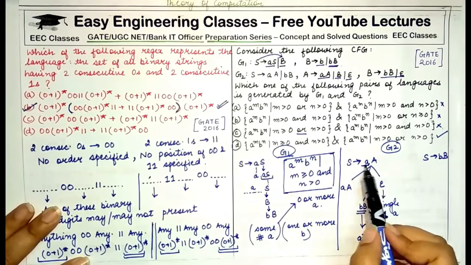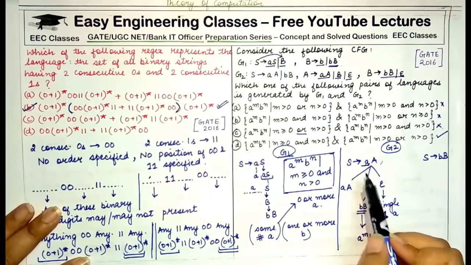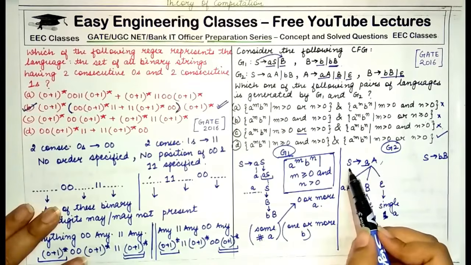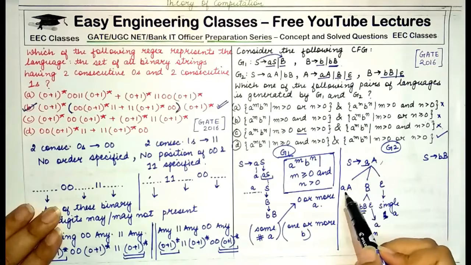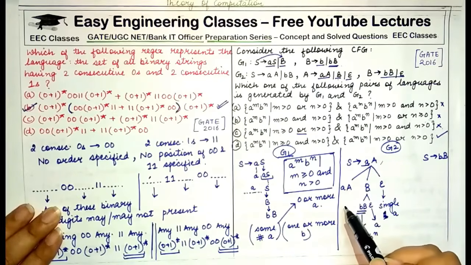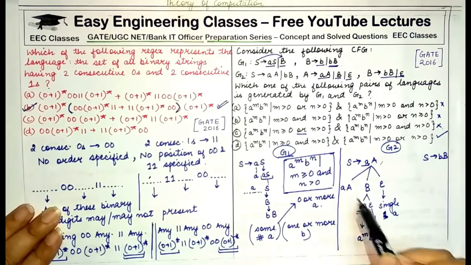You can always generate the string by using the production S goes to AA, then replacing it with AA again, and then after some number of A's you use the second production A goes to B to generate such kind of strings.